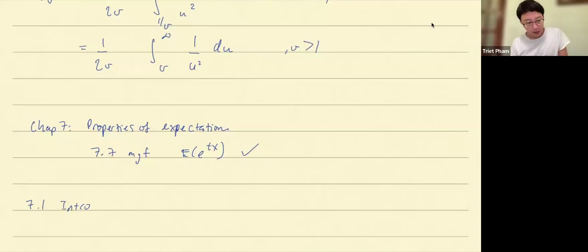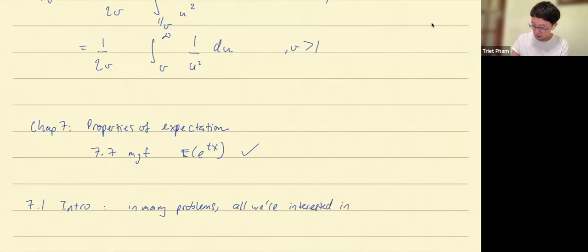So basically, in a lot of problems, all we're interested in is either the expectation of a random variable or the variance of a random variable.